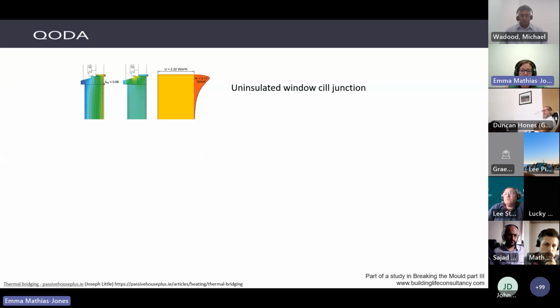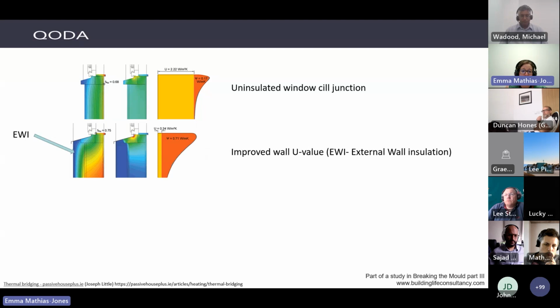But if we add some external wall insulation to this, your U value decreases, but the effect of that thermal bridge almost puts you at the same point as an uninsulated windowsill junction. We've really got to consider that junction if that's where a lot of the heat loss is going to occur.